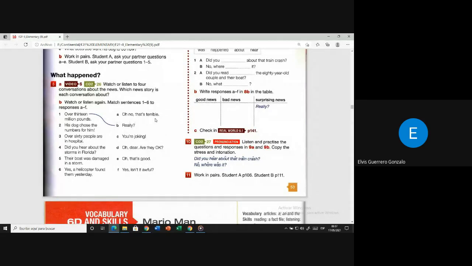Oh no, that's terrible. Did you hear about the storms in Florida? Yes, isn't it awful? Their boat was damaged in a storm. Oh dear, are they okay? Yes, a helicopter found them yesterday. Oh, that's good. The reactions, right?